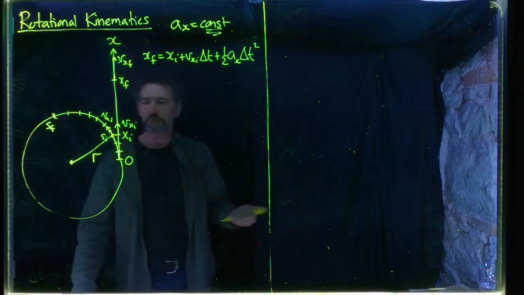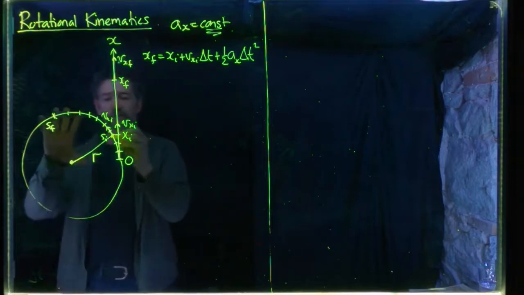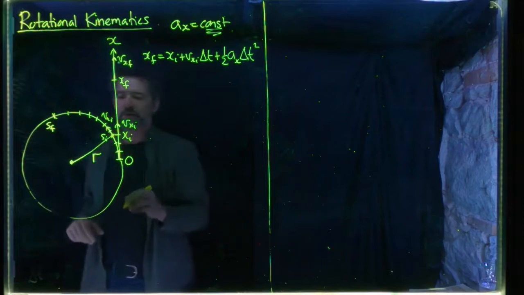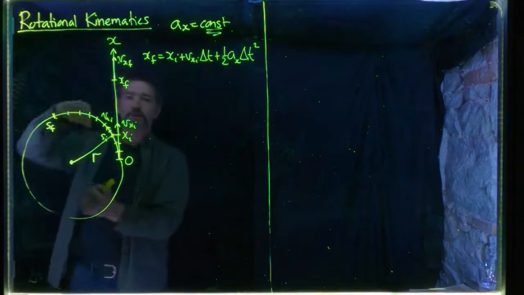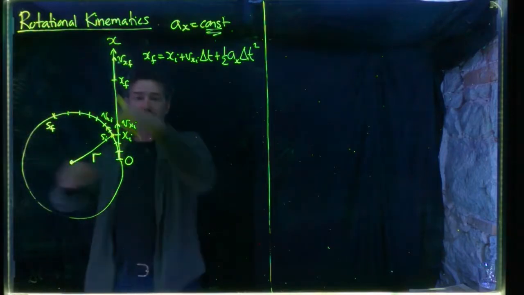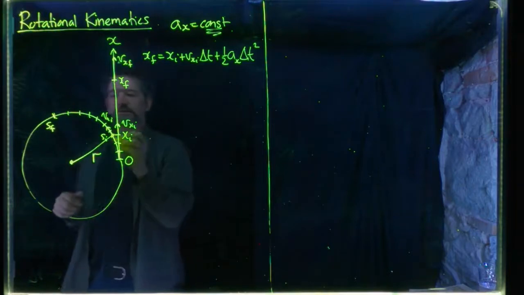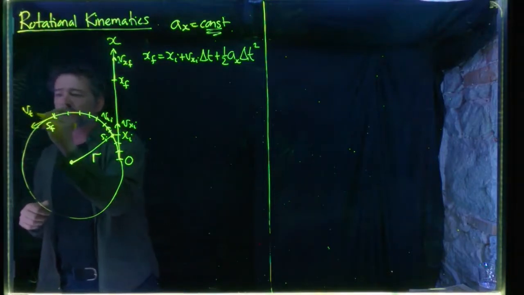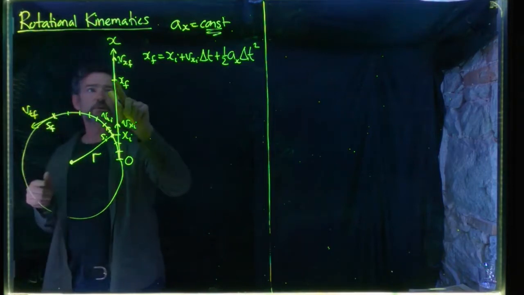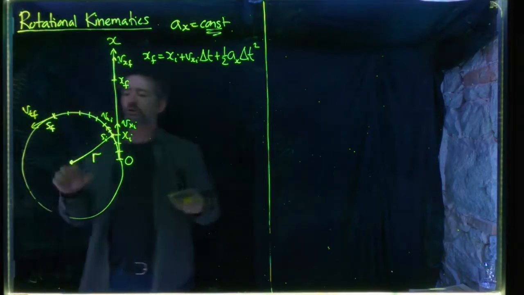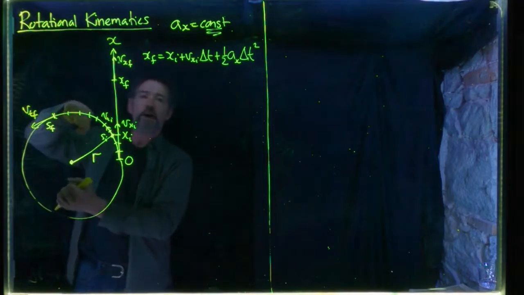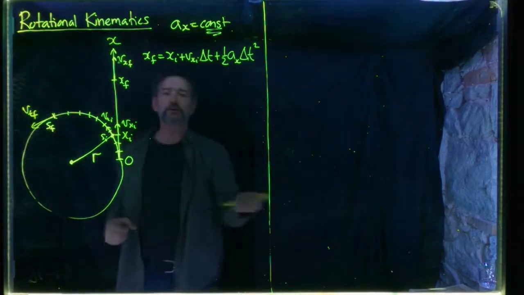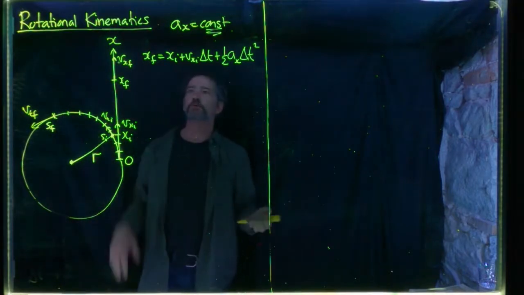It starts with some initial tangential velocity, v tangential initial, and then it's undergoing some angular acceleration. It's rotating faster and faster. So the tangential velocity when it gets to this point will be larger. v tangential final is analogous to vx final, which is larger, because there's been some angular or tangential acceleration in the counterclockwise or positive direction.